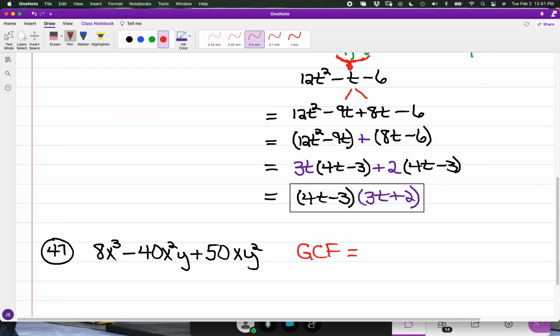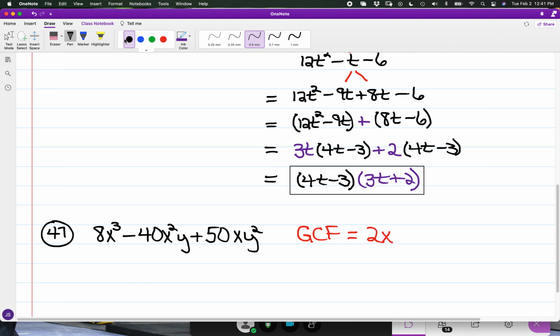And the highest number that will go into 8, negative 40, and 50 is going to be 2. And notice all of these terms have an x in common. So at this stage for our trinomial, we have just factoring out 2x.